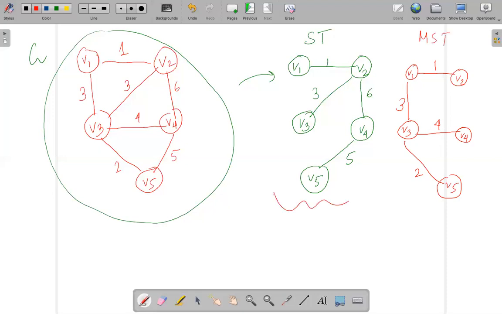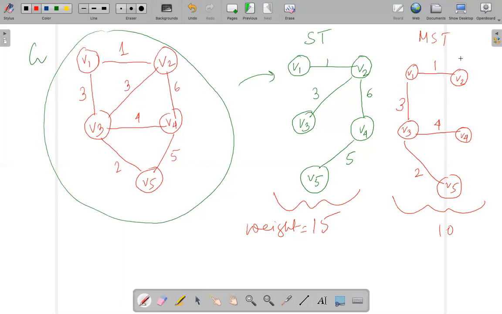See, the total weight here is 6, 3, 9, 10, 15, whereas the total weight here is 4, 3, 7, 8, up to 10. So this is one of the minimum spanning trees, and you cannot get something better than weight 10 for this particular graph.